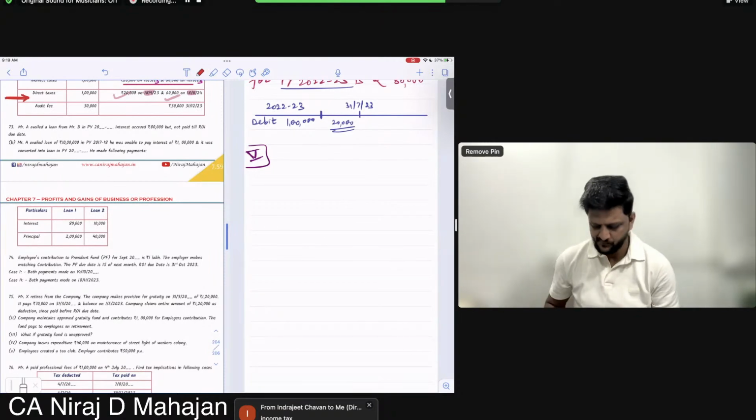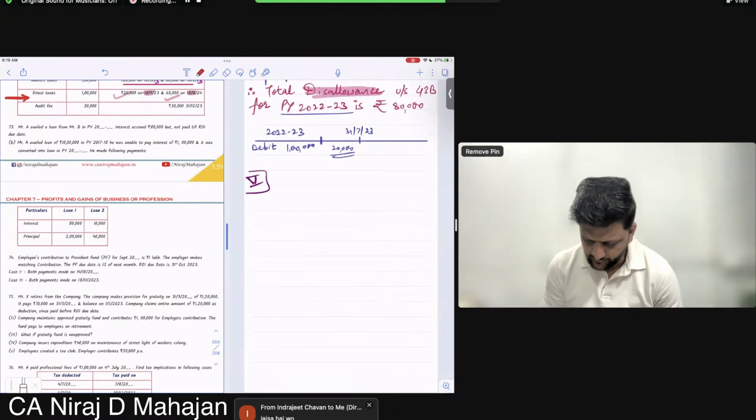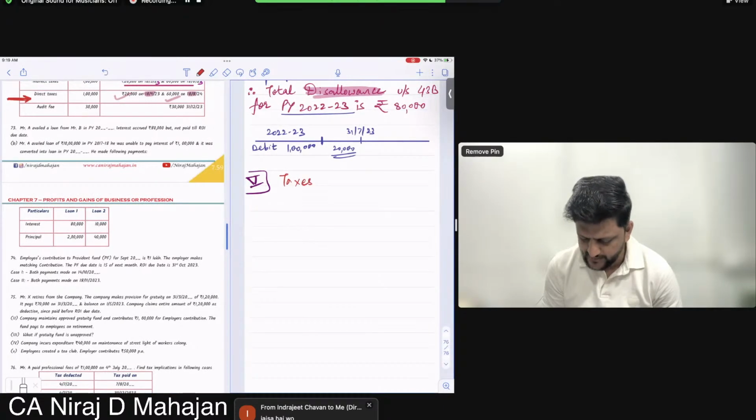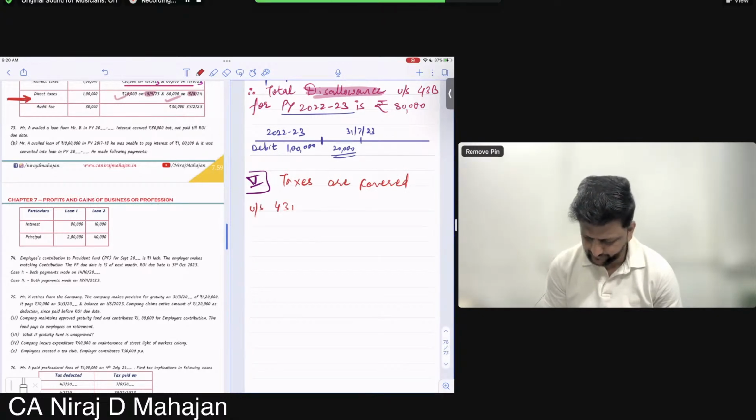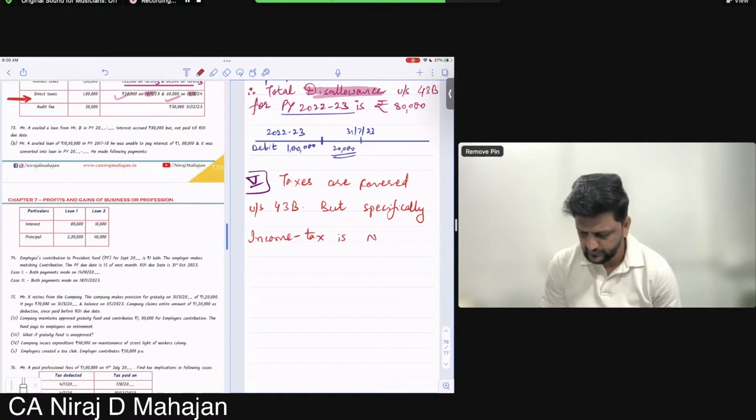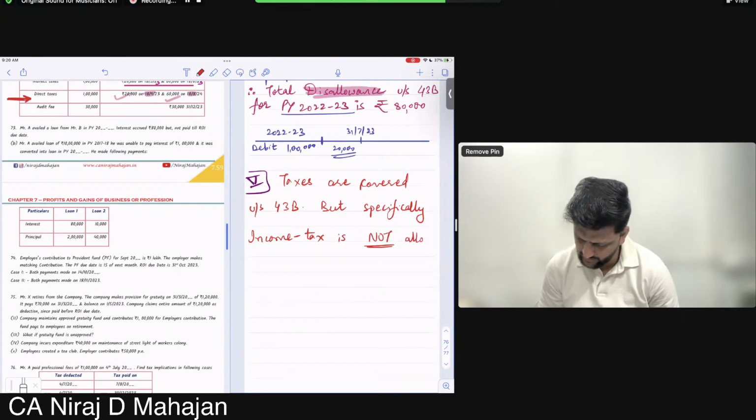So write down: taxes are covered under section 43B, but specifically income tax is not allowed as deduction.